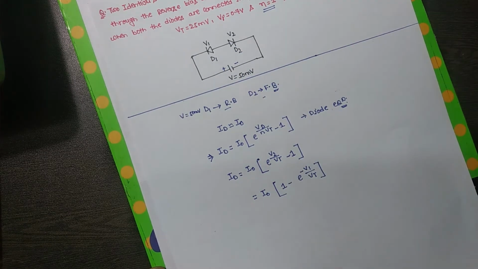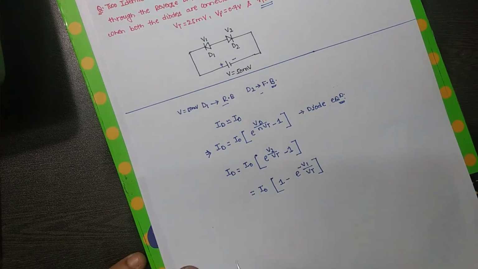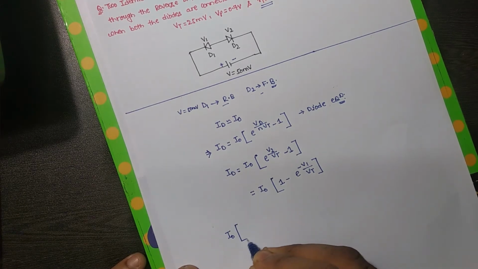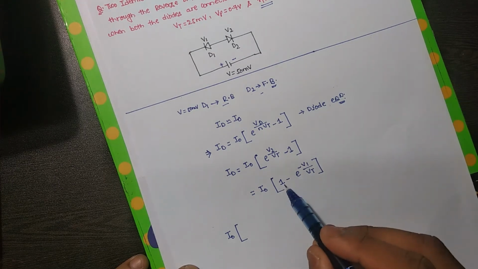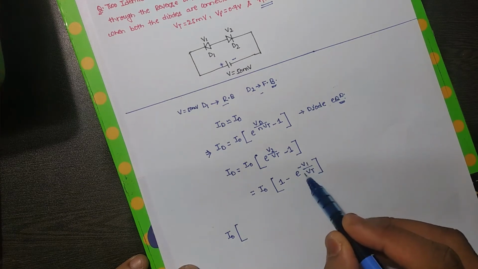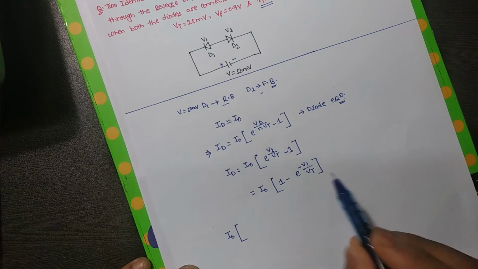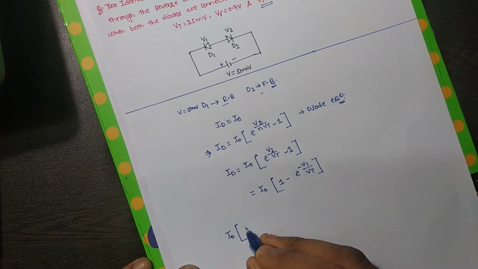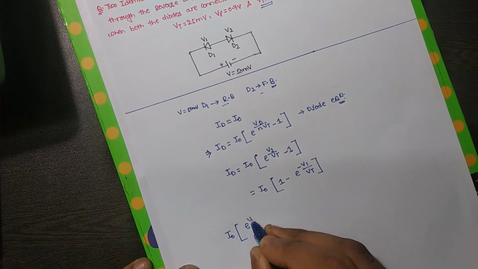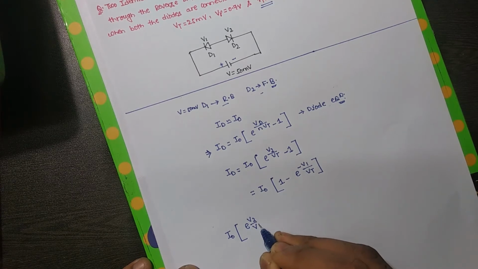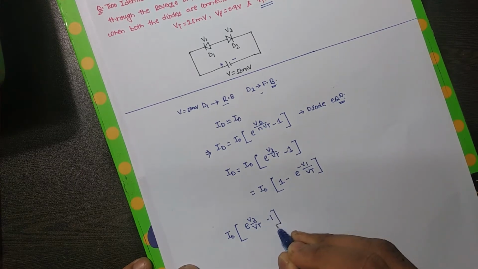Okay, so on equating the equations, what you will get is I naught, because the current magnitude will be the same but the direction will be reversed. Hence for the direction reversal we have written 1 minus e to the power minus V1 by Vt, as I have already considered the negative sign inside, so you can write it as I naught e to the power V2 by Vt minus 1.